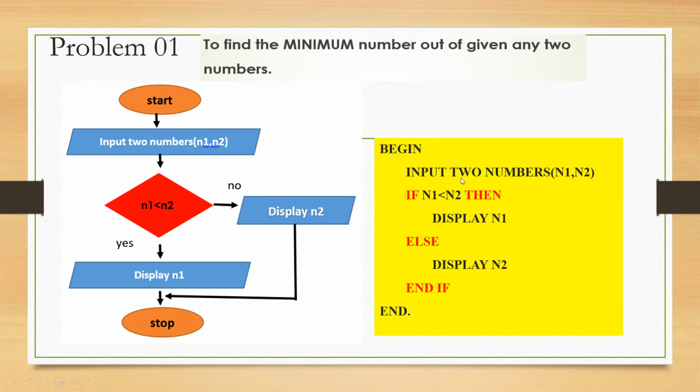I think these are very easy questions, but you have to revise those things because we are now going to do PHP coding. Here you can see the pseudocode. Begin, then input two numbers. If n1 is less than n2, then display n1, otherwise display n2.